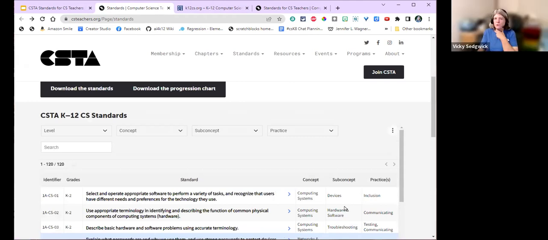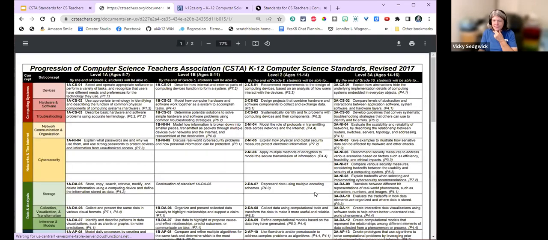Some of them just filled in. If you look at the progression chart, you'll notice in a few cases that maybe, like in this case, grades K to 2 didn't have a standard. So some states just did things like, where it was missing, we added something.